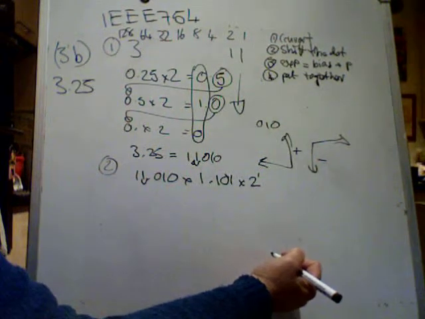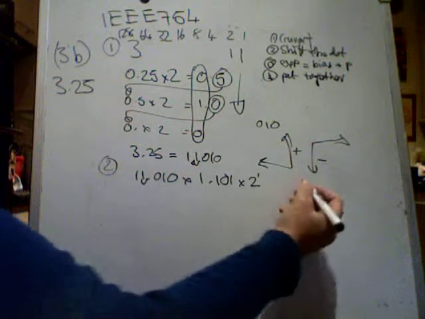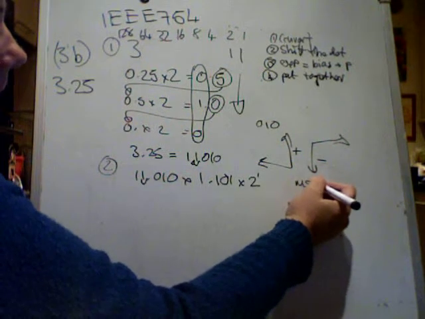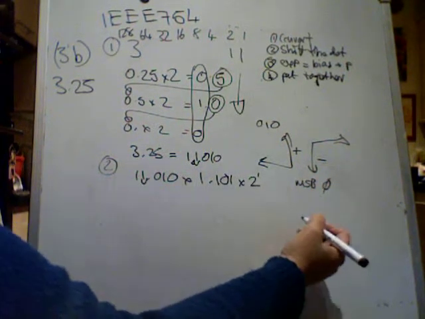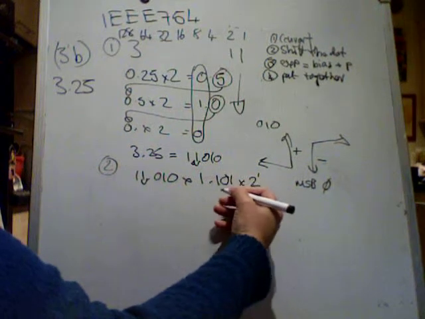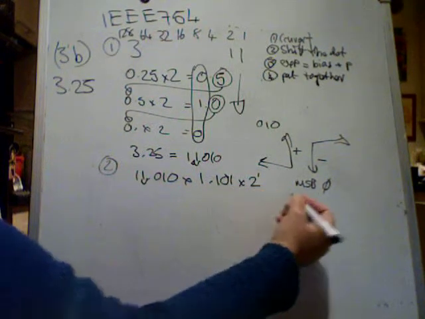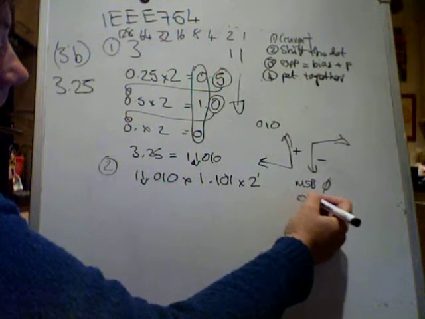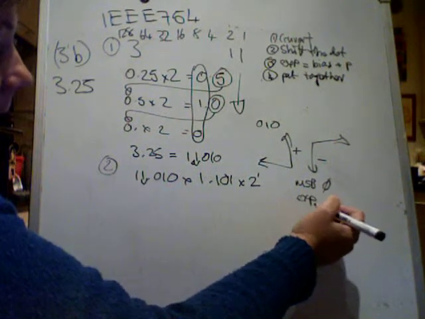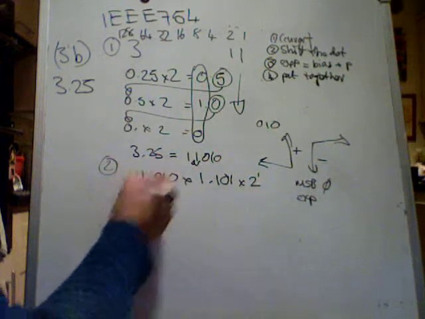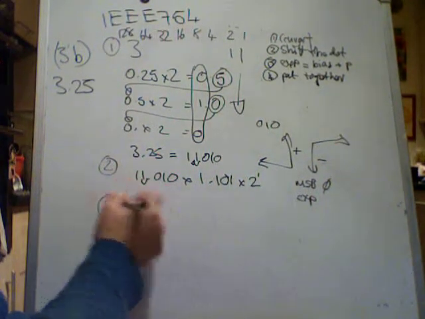So we're building up our number here. We know it's a positive number, so we know our most significant bit is going to be 0. Now our exponent is going to be calculated.